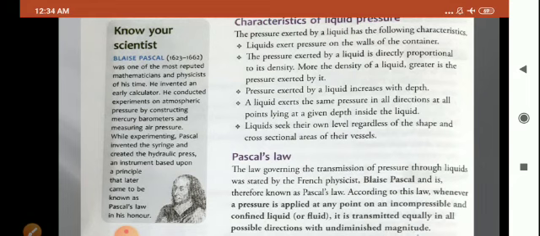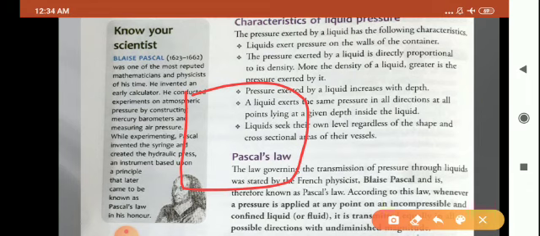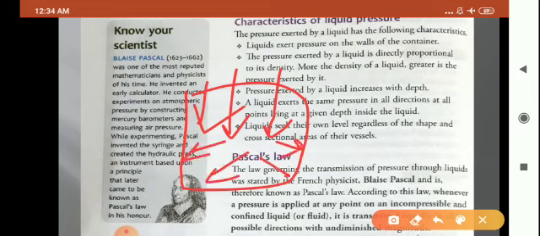So children, you know that liquid is incompressible, liquid को आप बहुत दबा नहीं सकते हो, compress नहीं कर सकते हो. So according to this, whenever a pressure is applied at any point of an incompressible or confined liquid, it is transmitted equally in all possible direction with undiminished magnitude.